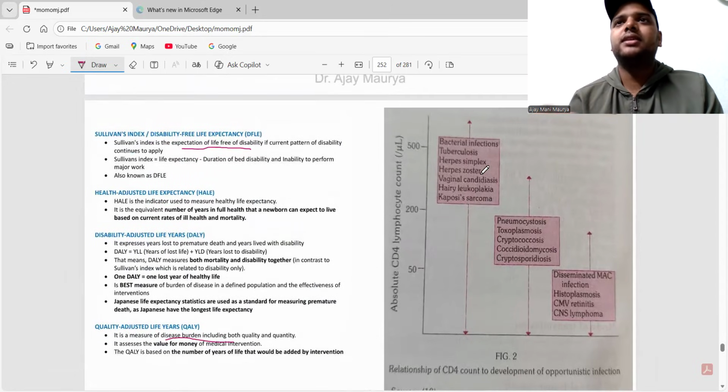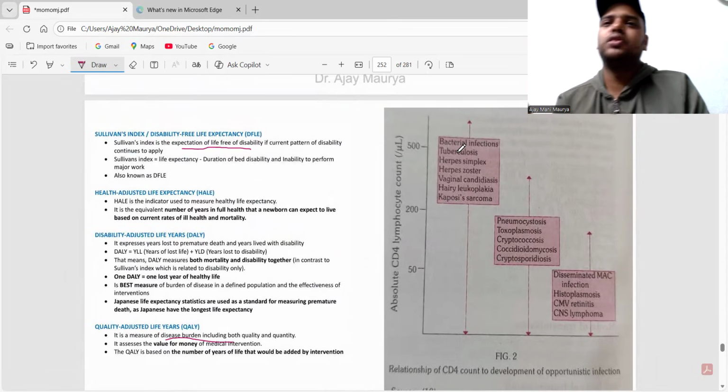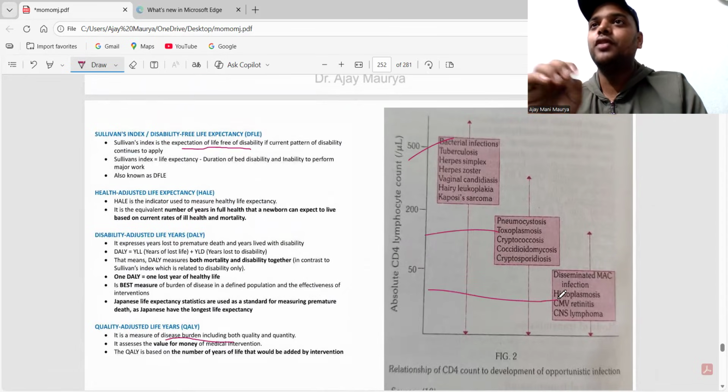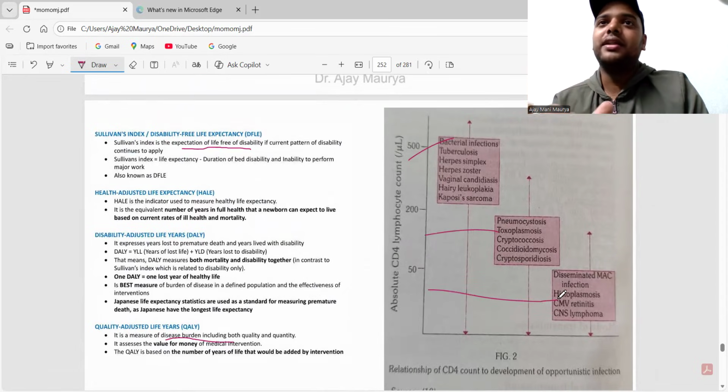Now see here. Sometimes they are going to ask a question according to the CD4 count: 500, 200, 50, less than 500, less than 200, less than 50. I don't know how you are going to remember, but there is always one MCQ from this. Last time they asked toxoplasmosis. Cryptococcus is very important.